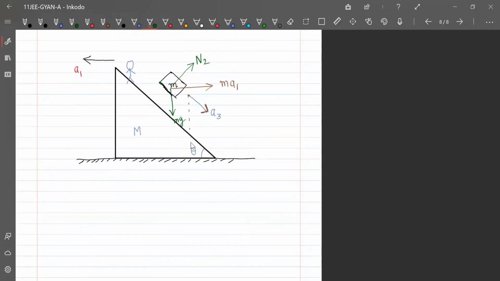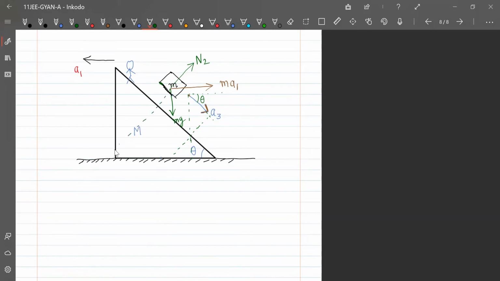So this angle is theta. ये वाला एंगल थीटा हो जाएगा. So this one is theta, this is 90, this is also theta, this is 90 minus theta, so ये वाला एंगल थीटा हो जाएगा.